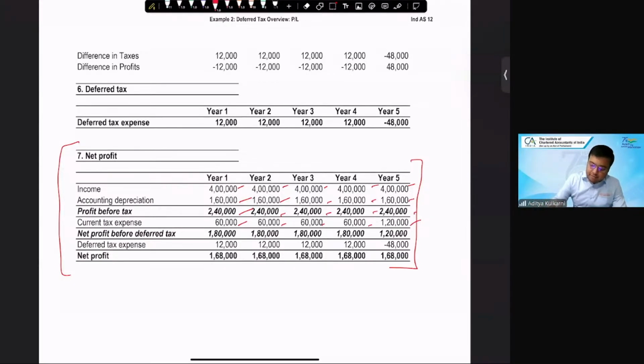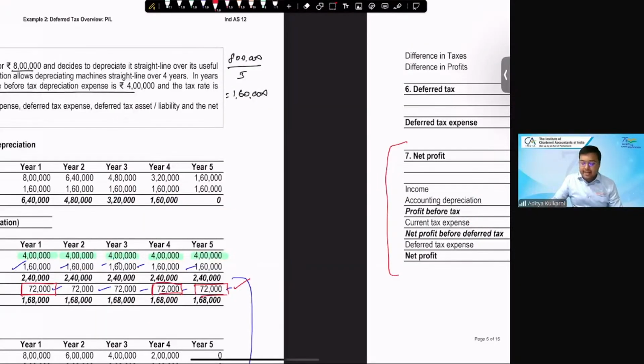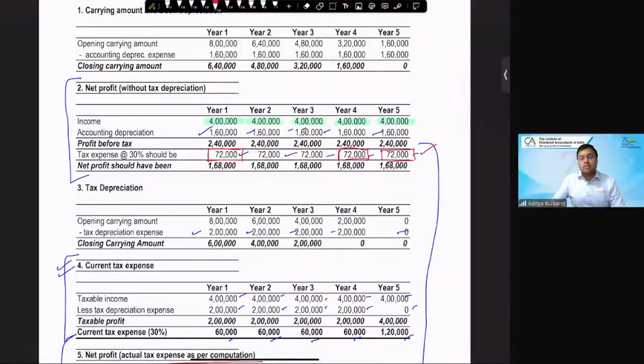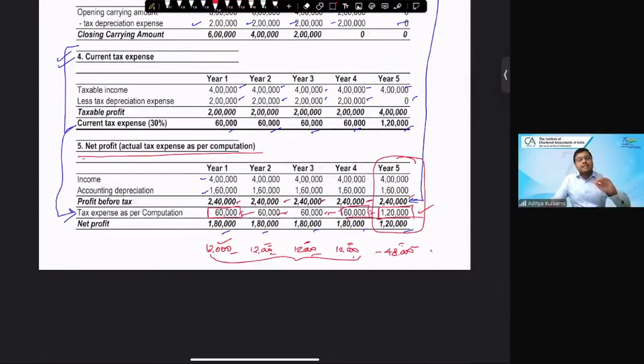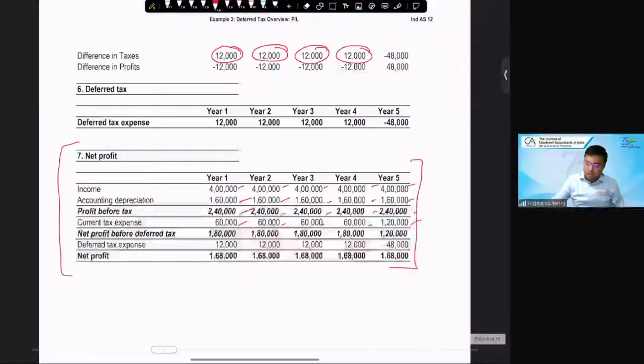Deferred tax expense: can I say I have to book a deferred tax expense? Yes, because my tax expense should have been 72,000, but actually it is only 60. So I still have a catch up of 12,000 to be done for each of the 4 years. So the entry will be deferred tax expense account debit to deferred tax liability. So 12,000 I will create the expense for the first 4 years.